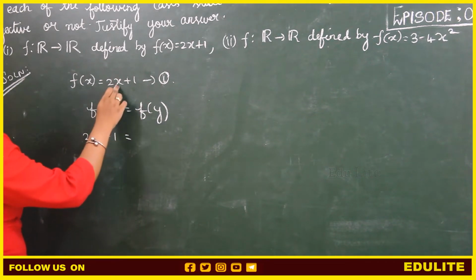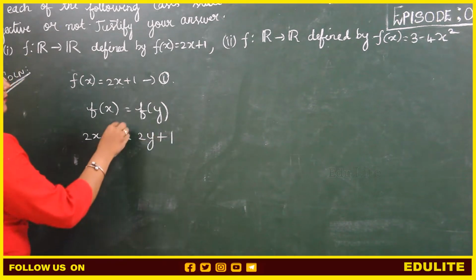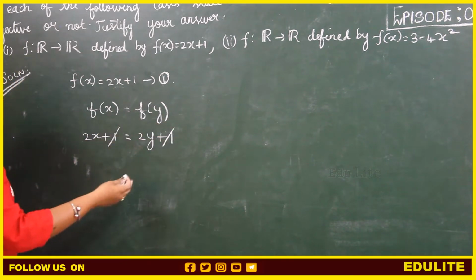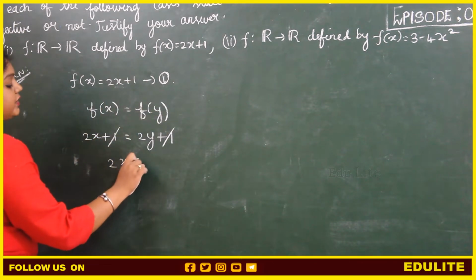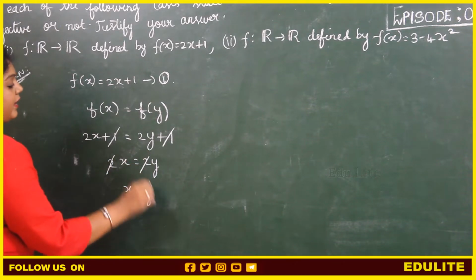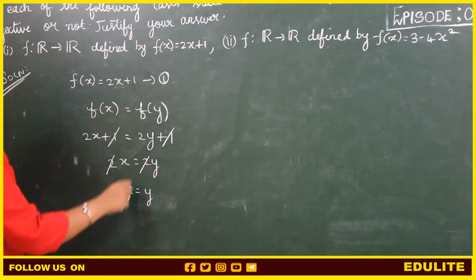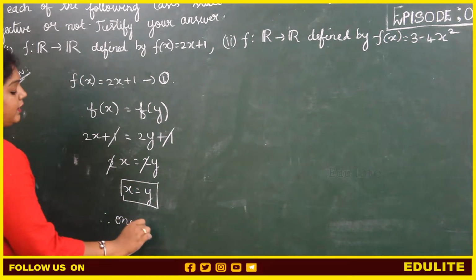F of y, in the sense we have to replace x with y, so 2y plus 1. Plus 1 on both sides will get cancelled, because if I take it to the other side, it will obviously become minus 1. So, remaining is 2x equals 2y, 2 and 2 will get cancelled, x equals y. So, we took f of x equals f of y, and from that we can bring x equals y. Therefore, this is 1 to 1.